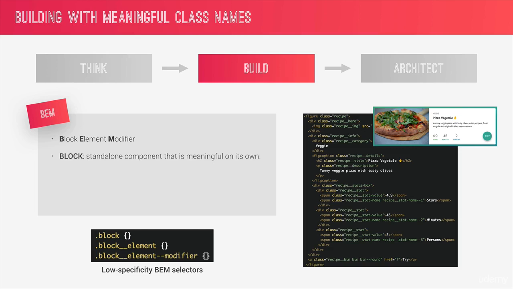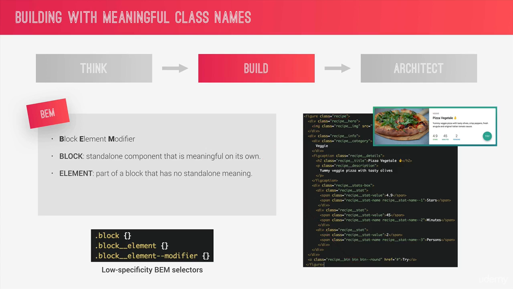And what this means is that the components we defined in the last slide are the blocks in BEM. In this example, the recipe is a block and also the button, because both of them are standalone components that can be reused anywhere in the project. And note how these two blocks are actually nested. So the button block is inside the recipe block, and that's perfectly normal and acceptable.